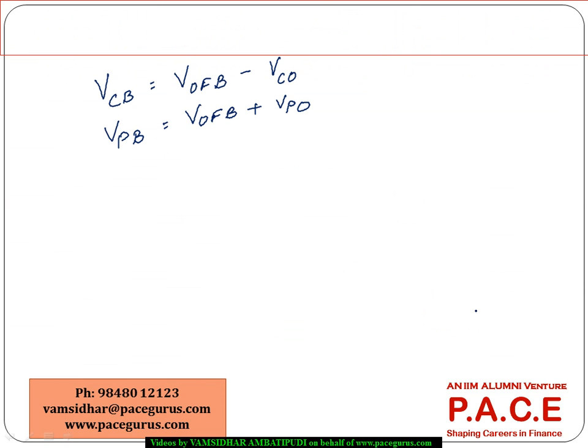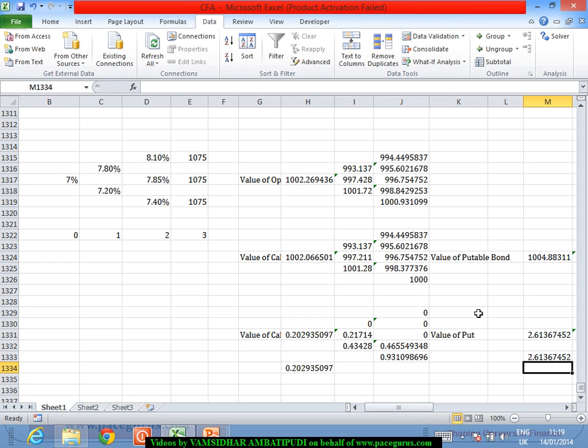So starting with an option free bond, we should look at how we get into the valuation of a bond with an embedded option in it, whether it is a call option or a put option. We should be able to value the bond, as well as know how the value of that particular option is computed even without knowing the value of the bond.